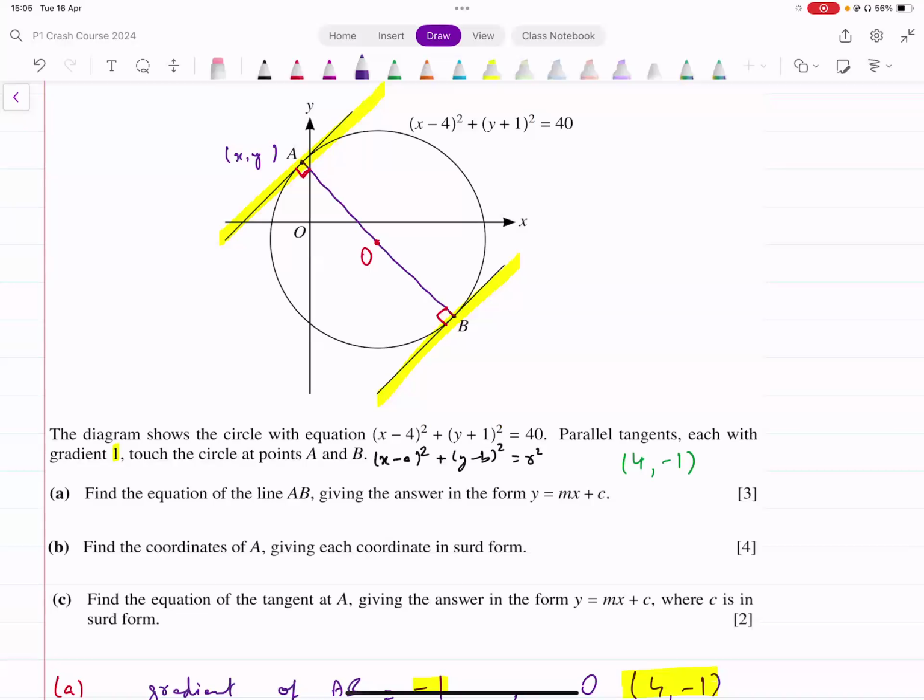We have one relation between the x and y coordinates already, and that's the equation of the circle. Since the point A lies on the circle, it has to satisfy the equation of the circle. Okay, so this is one equation that we have already between x and y. So x, y have to satisfy this equation.